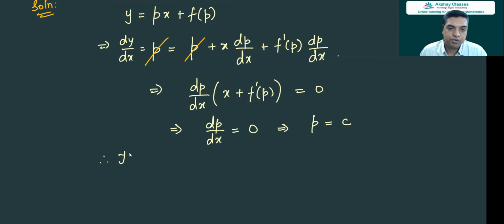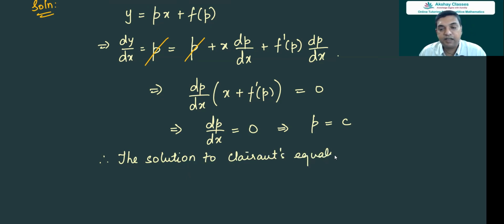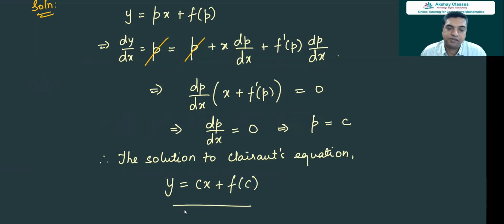Therefore, the solution to Clairaut's equation, if you can identify it's a Clairaut's equation, the solution is very simple. Replace p by c. If it is of the form y is equal to px plus f of p, the solution is y is equal to cx plus f of c. Very useful solution.